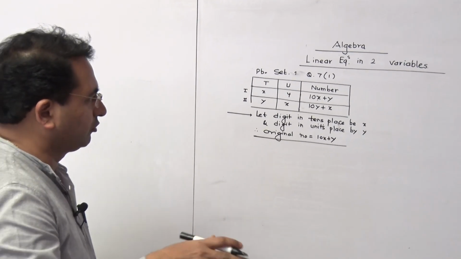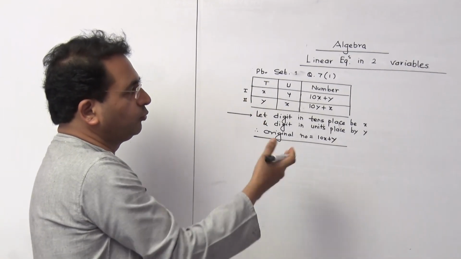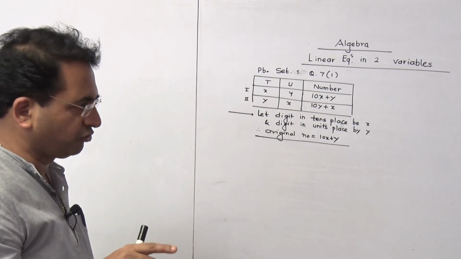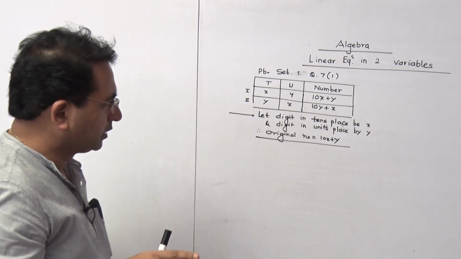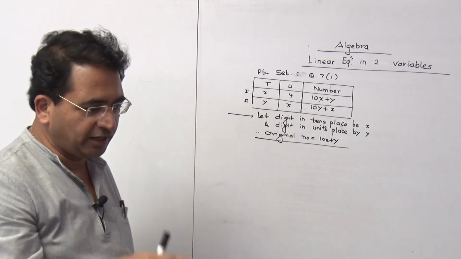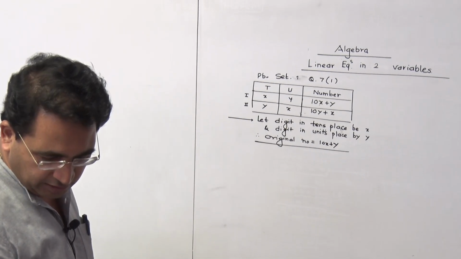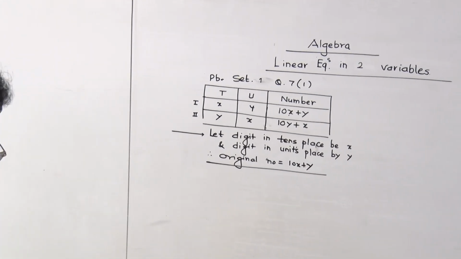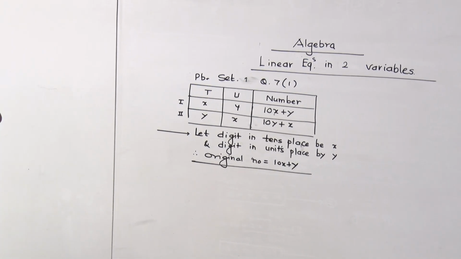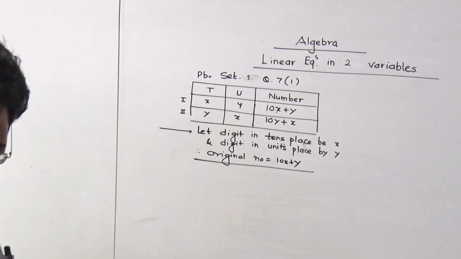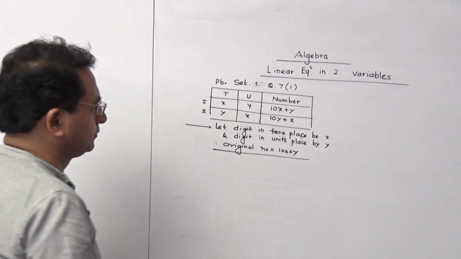Now you see the question. Now I hope you are having a textbook in front of you. Problem set question number 7, sub question number 1. It is related with a 2-digit number. Now I explain you the basic of that. Sum of a 2-digit number and the number obtained by interchanging the digits is 143.